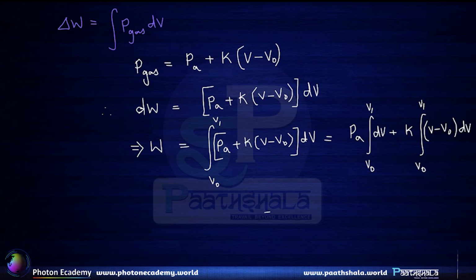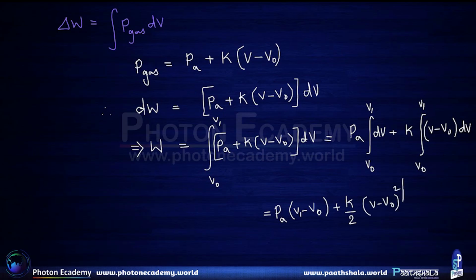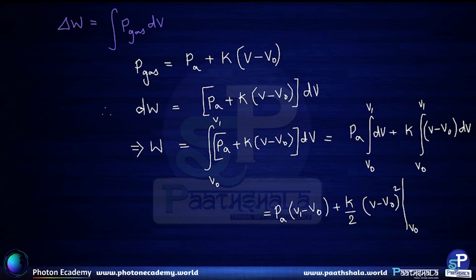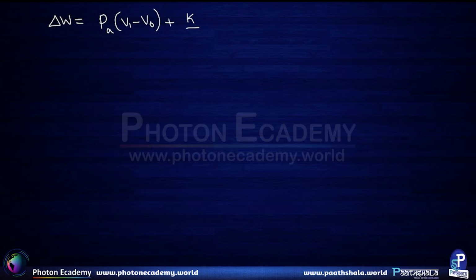This is going to be equal to Pa into (V1 minus V0) plus K by 2 times (V minus V0) squared with the limits V0 to V1. So the final expression delta W is going to be Pa into (V1 minus V0) plus K by 2 into (V1 minus V0) squared.